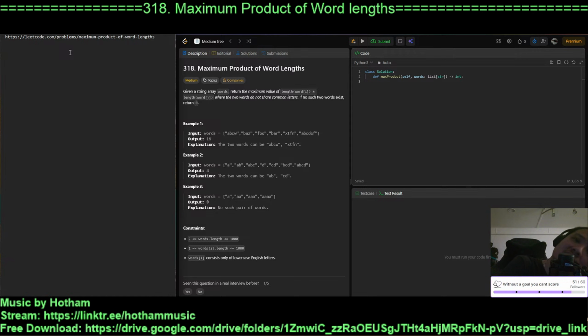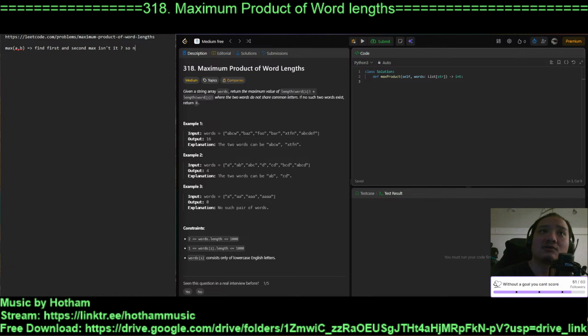Is it a sort problem? They just need to find the maximum, right? So basically the max of A times B is to find the first and second max, isn't it?